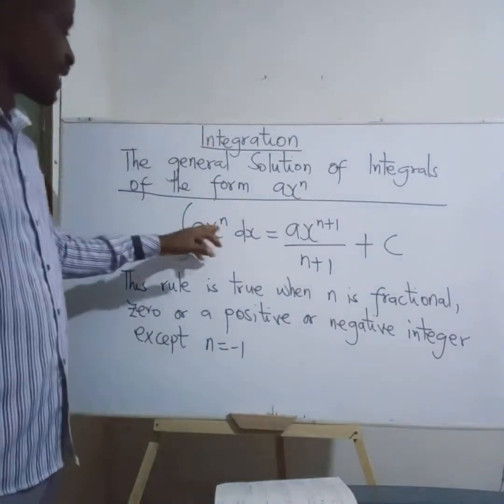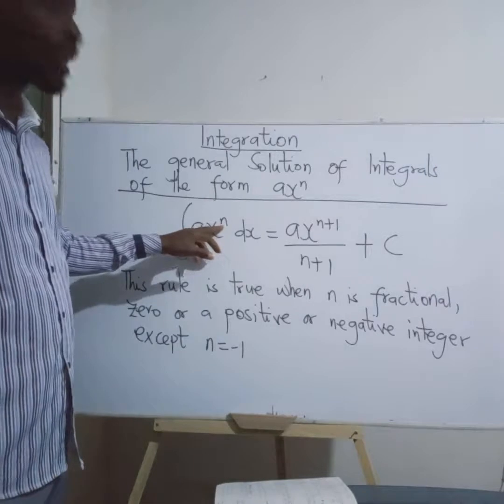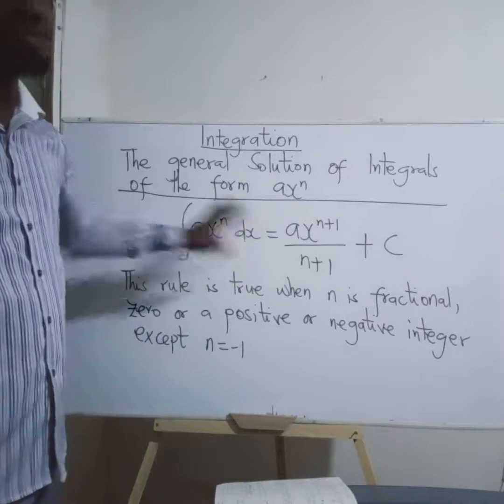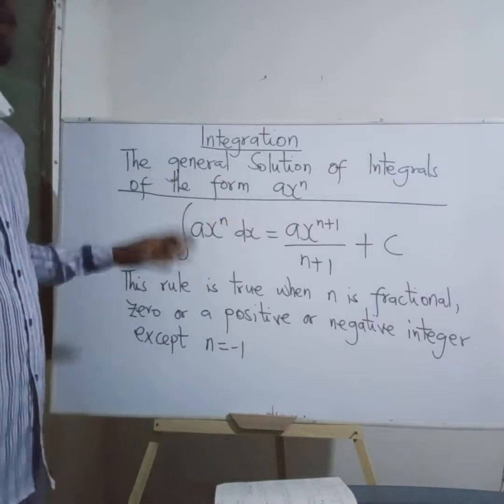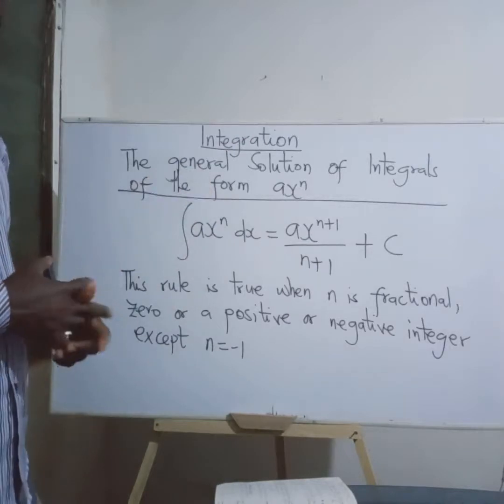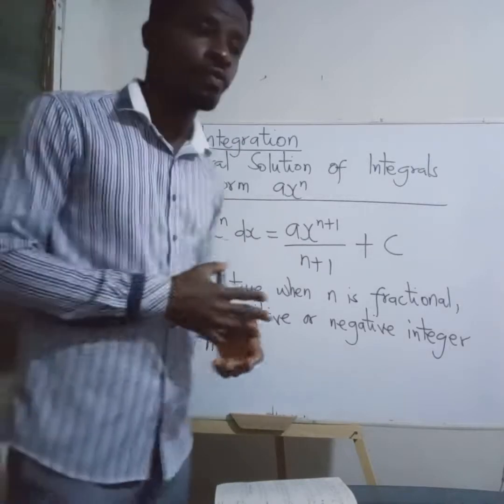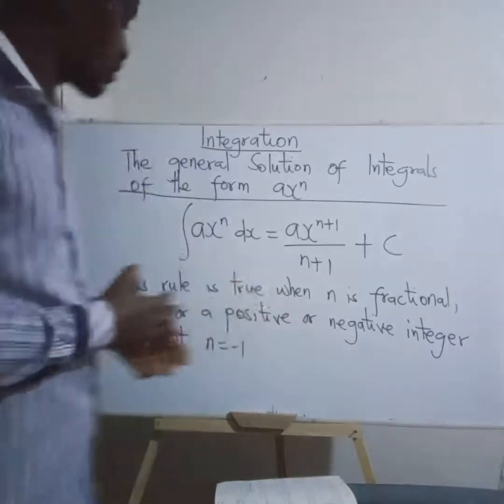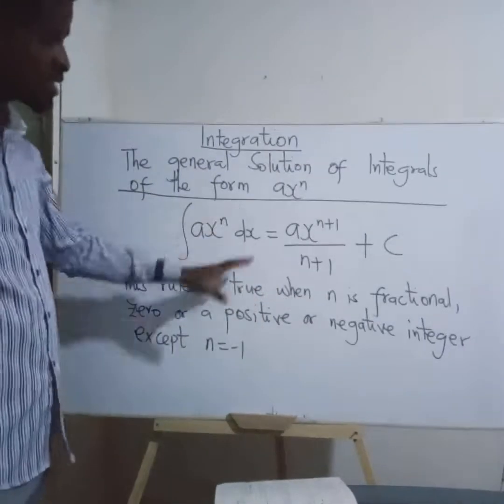So when the power here is -1, we can't apply this rule. That's the meaning. And we have a way of dealing with such questions. Such questions are for higher learning, and we will come to that one too. So for now, let's concentrate on this.